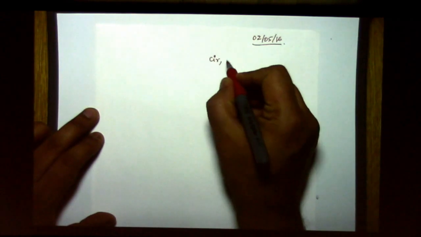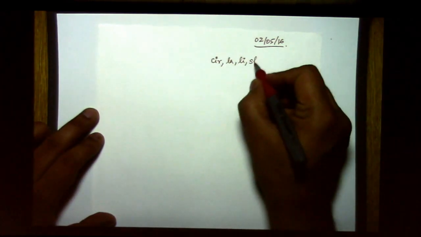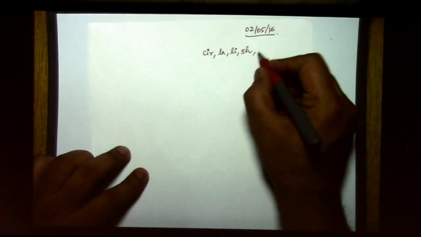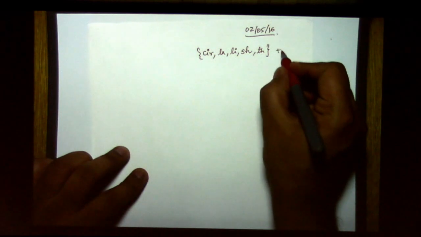And let's say the first example that we see is circular, large, light, what is SH? It is smooth. So smooth and thick. All right, so this is our first training example.